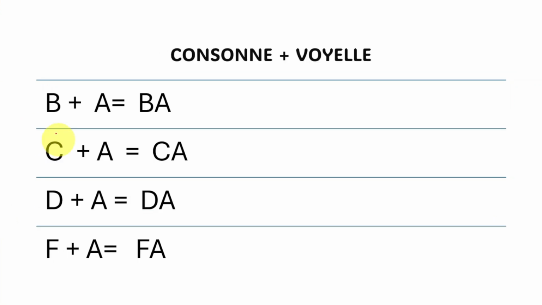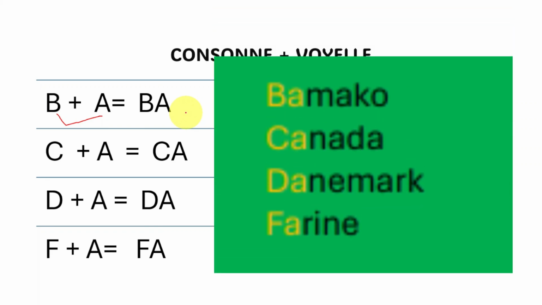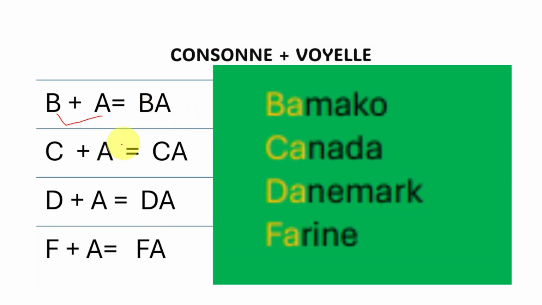So this is what I was saying. B plus A, it gives us Ba. So when we combine this together, banane. Or sometimes you're gonna hear banana, that's in English, but banane. Ka, you're gonna hear Ka.